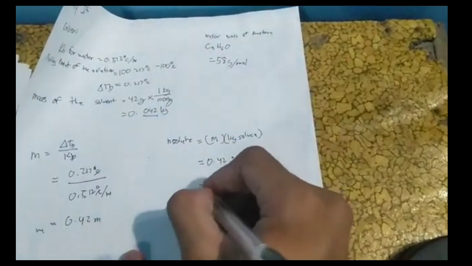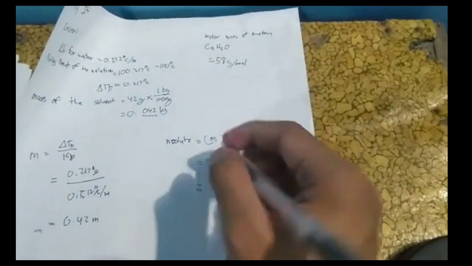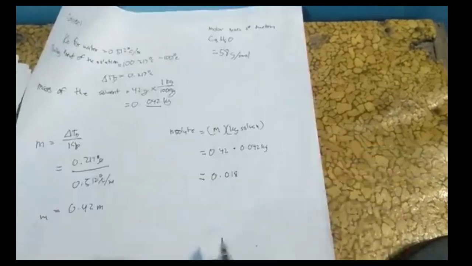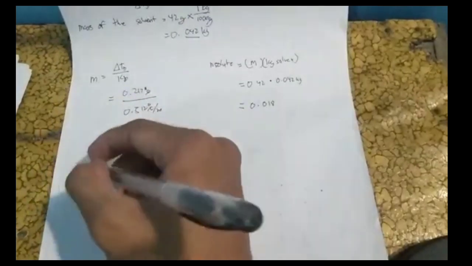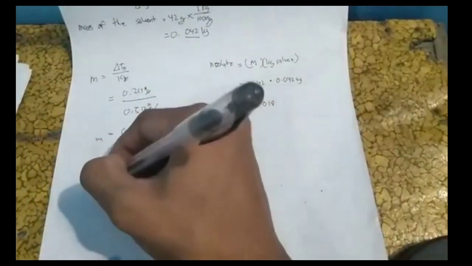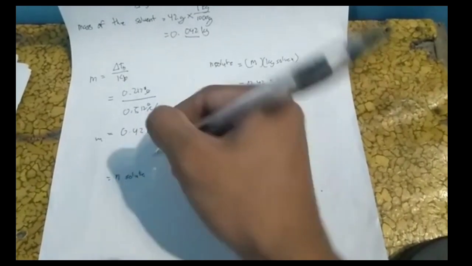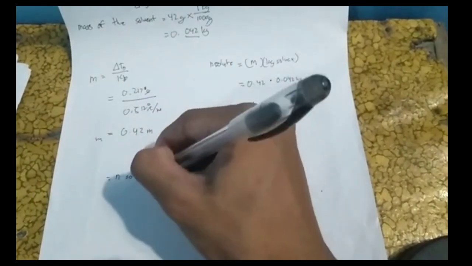So we have the answer of 0.018. And for the last part, we have the n solute multiplied by the molar mass.